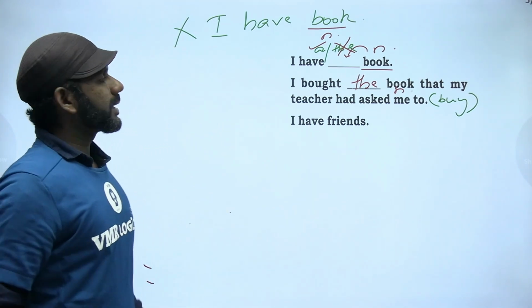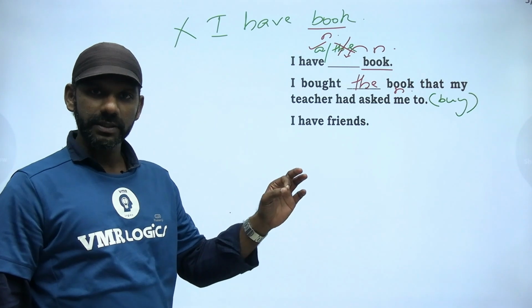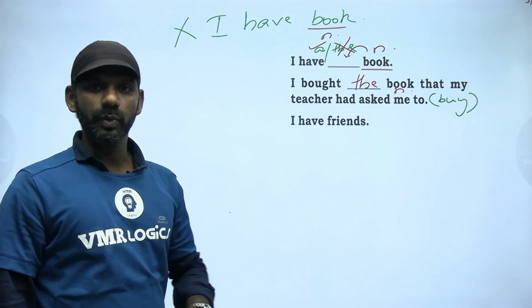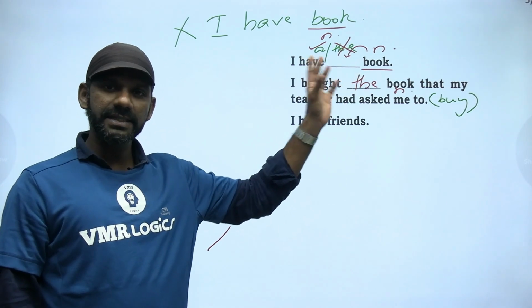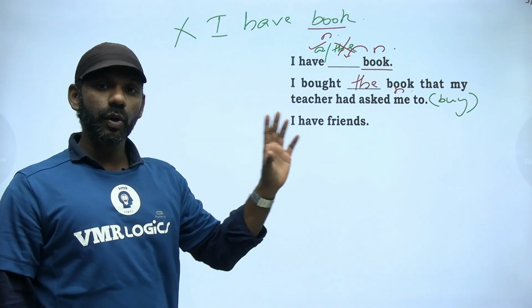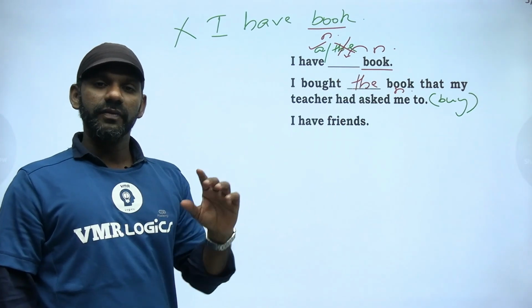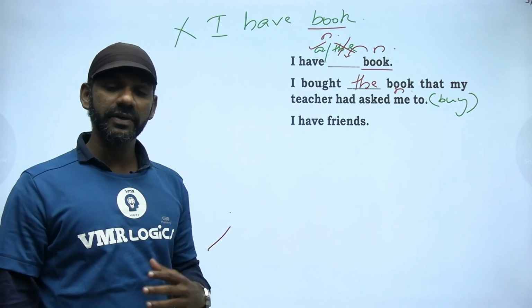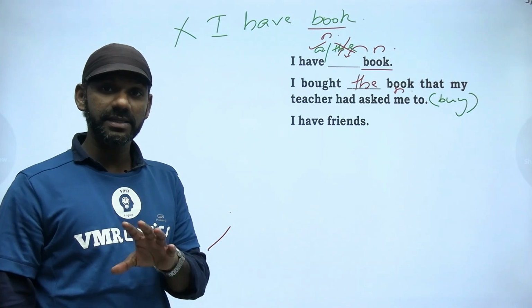Now, come to the first statement. I have dash book. Book is a noun. In this sentence, in the first sentence, is there any detail given regarding the noun book? No. There is no information given regarding the noun book in this sentence. When there is no information given regarding a noun in a sentence, that noun must be taken as general.